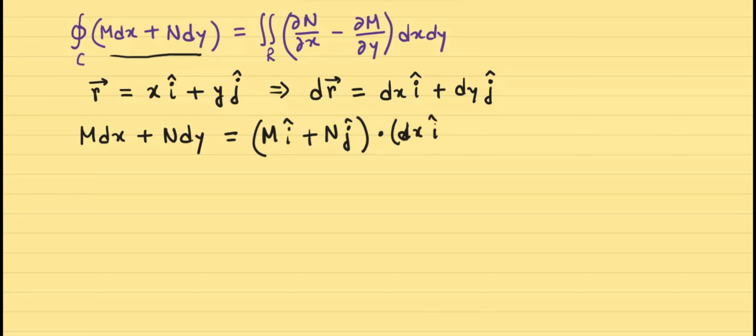This is what we should get. And if I want to call this vector the A vector, then finally we can write it as A dot dr.